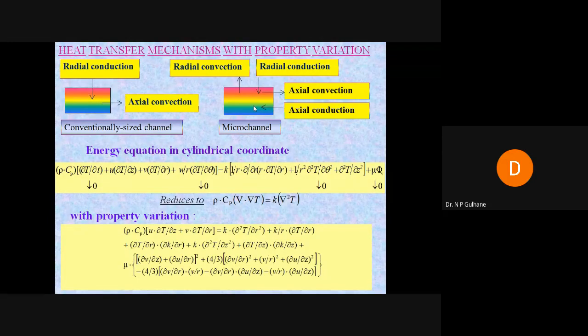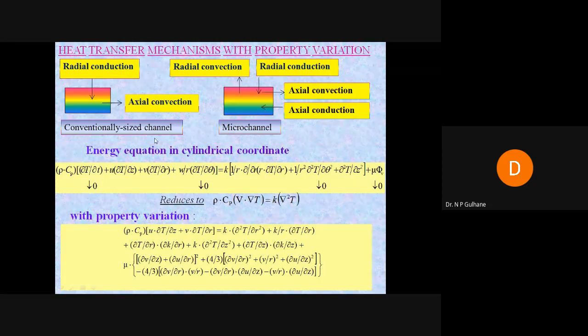Because of these two, we have to go for these scaling effects. So the introduction of such micro behavior changes is called the scaling effect. That scaling effect we have divided into rarefaction and non-rarefaction. So the property variation which we are studying now is one type of non-rarefaction scaling effect.